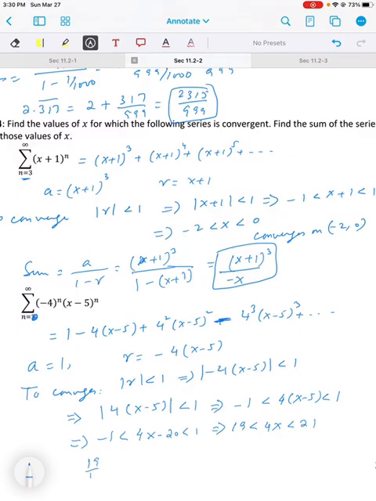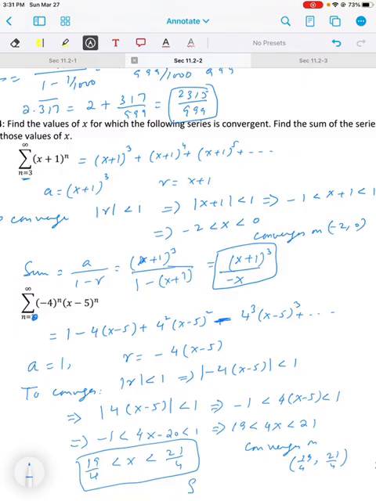Now divide by 4, so we get 19 over 4 is less than x is less than 21 over 4. So this is the interval, or you can say converges on 19 over 4 comma 21 over 4.